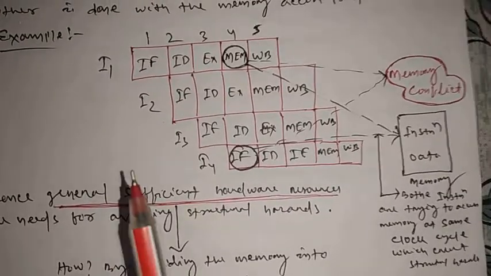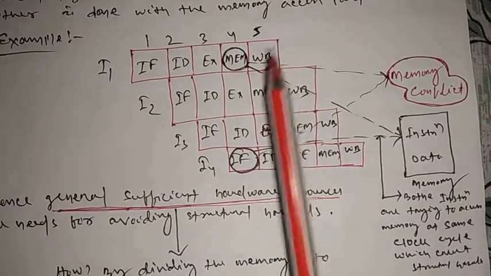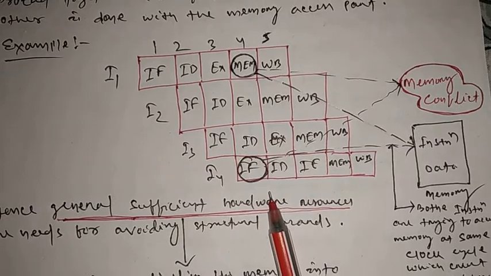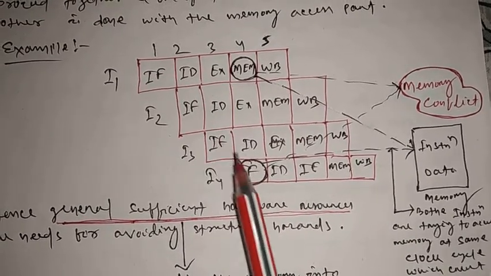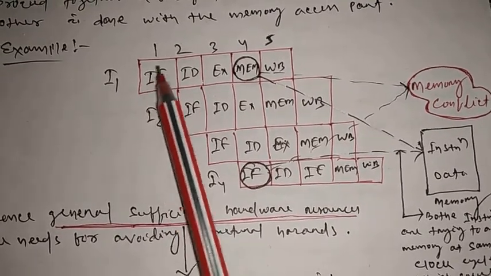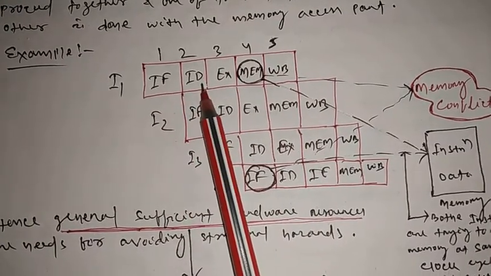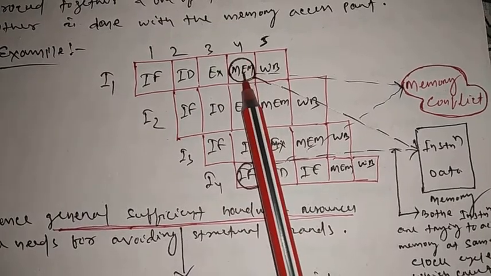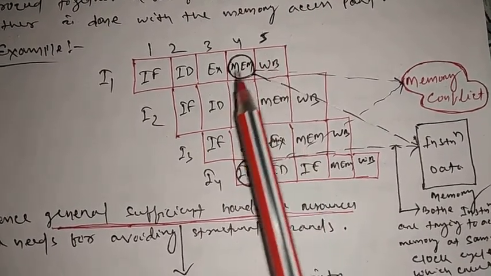Look, this is the example here. As per the RISC model, each instruction has 5 phases, so there are 4 instructions, and all are executing in an overlapped manner. Instruction 1 is loaded into the pipeline, so there are 5 phases: instruction fetch, instruction decode, instruction execution, memory access, write back.